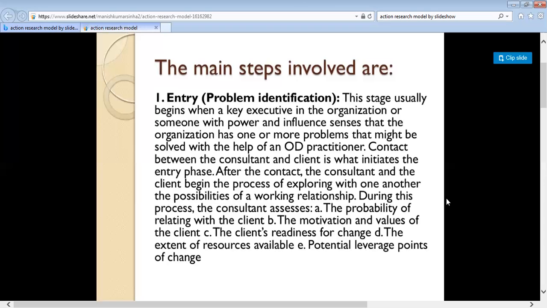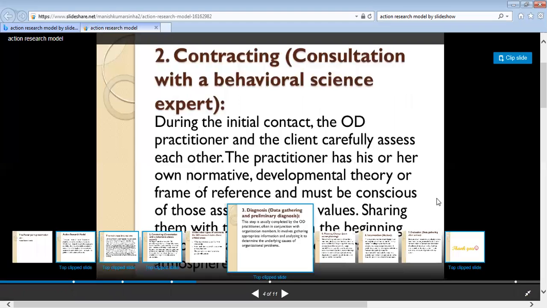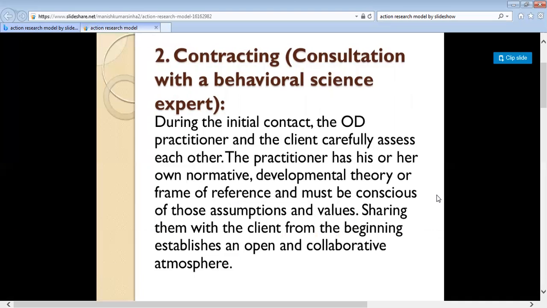So we will go to the second step, that is contracting. This involves consultation with the behavioral science expert. During the initial contact, the OD practitioner and the client carefully assess each other. The practitioner has his or her own normative developmental theory or frame of reference and must be conscious of those assumptions and values.